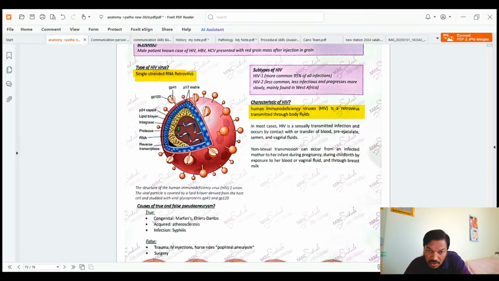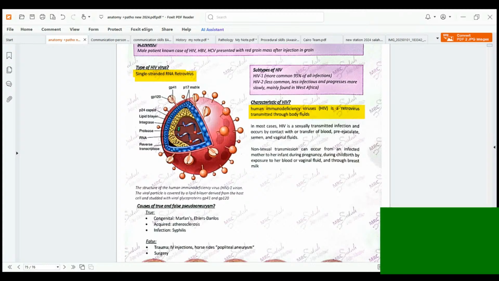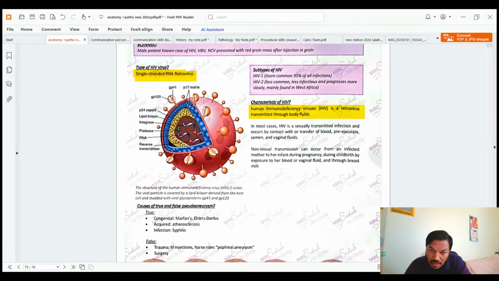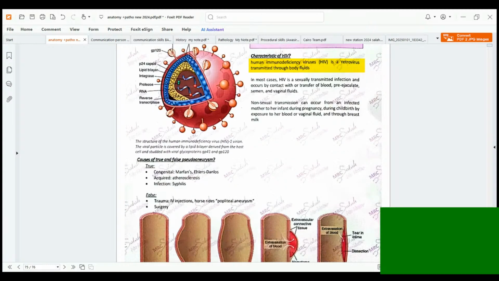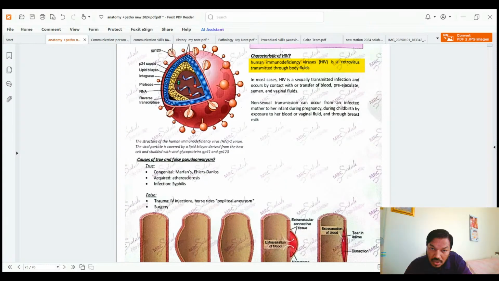Infection can occur by contact with or transfer of blood, pre-ejaculate, semen and vaginal fluid. Non-sexual transmission can occur from an infected mother to her child during pregnancy and childbirth.